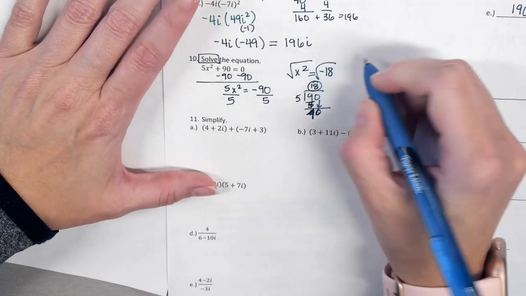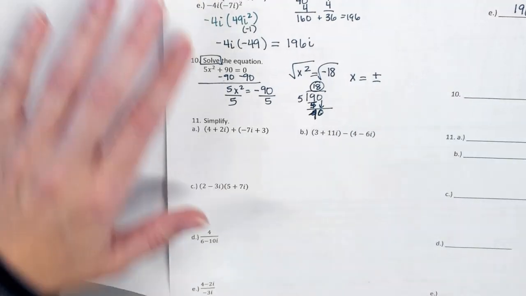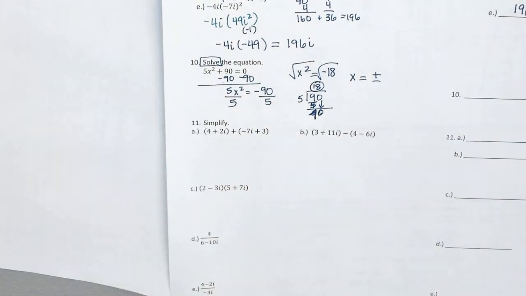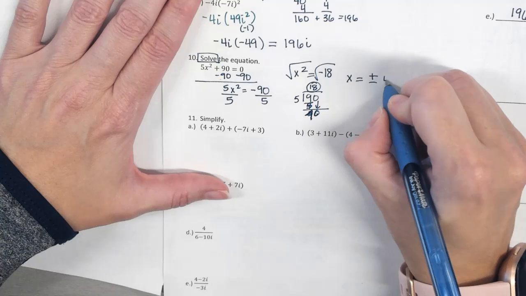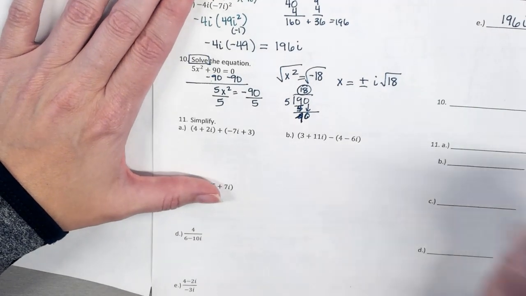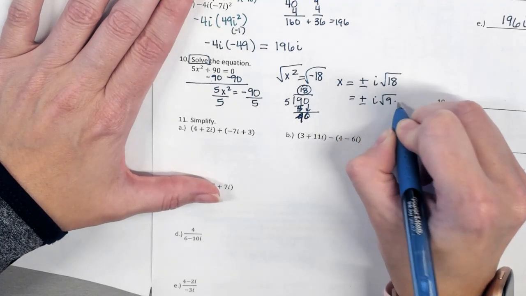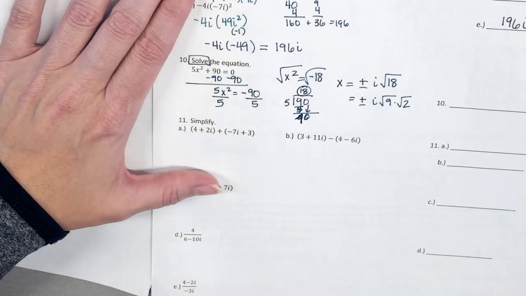Okay, now this is one where I feel like people forget the plus or minus. So will you just double check that you remembered that part? And then if you have 18, you can either factor tree or you can find one of your perfect squares. So a lot of you know that 9 goes into 18.